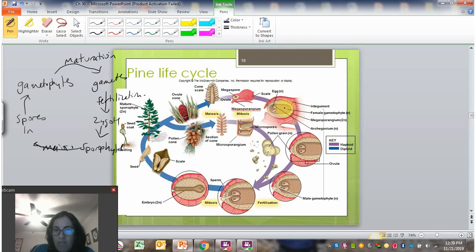So we have the female gametophyte inside of the megasporangium, and this is wrapped in integument, this protective tissue. Okay, so that is the ovule, this whole structure here, where the egg is. So then what's going to happen is pollination. Okay, so remember, first pollination, then fertilization.